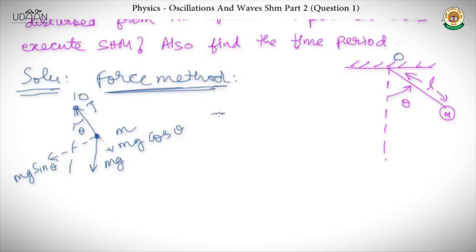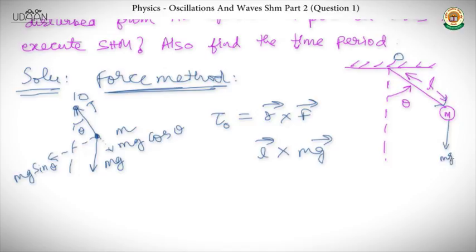So the torque about O is r bar cross F bar. Now r bar is L bar, cross mg bar. This is the vector L, and this is the vector mg. Now when you take the cross product, it goes into the plane of the paper.